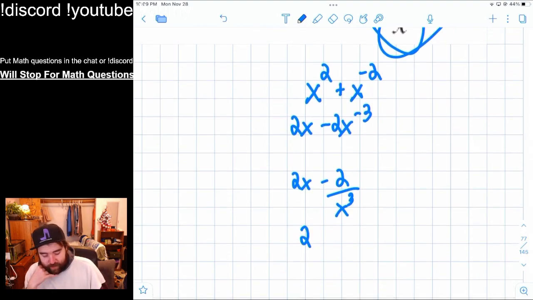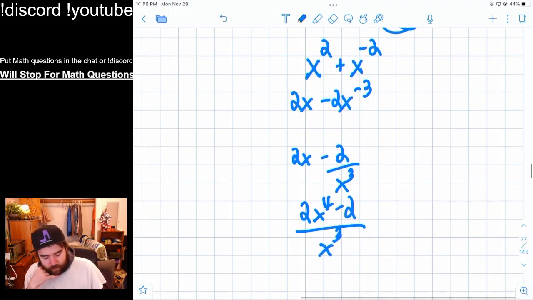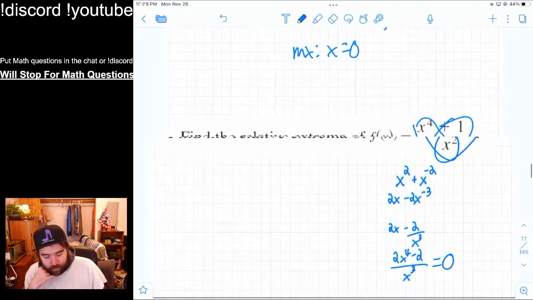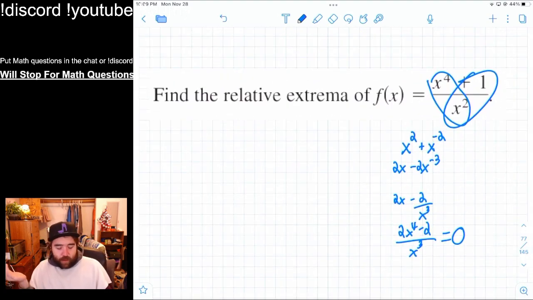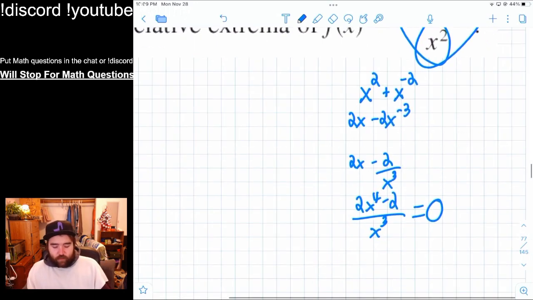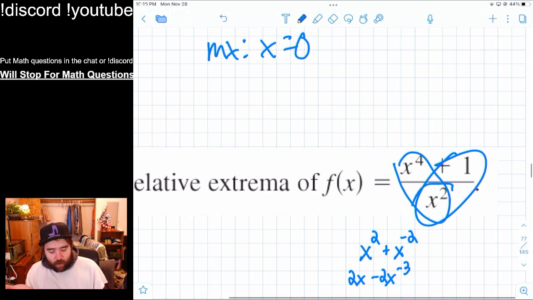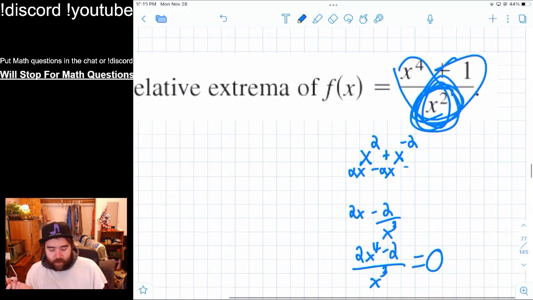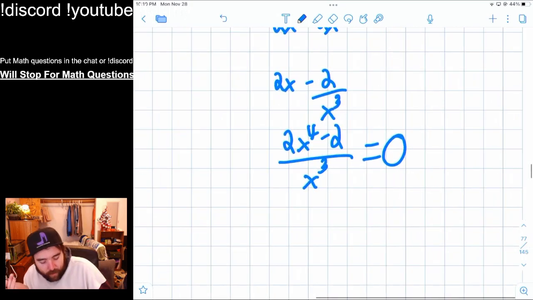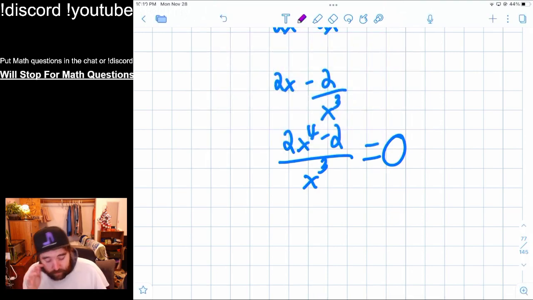If you wanted to go with one fraction, then you'd have 2x to the fourth minus 2 over x cubed. And we want to know when that's 0 and when it's undefined. So if we're talking about relative extrema, we're not going to have a relative extrema where there's an asymptote, right? And we see that we have a vertical asymptote at x equals 0. But if we're ever looking for increasing or decreasing, it does matter.